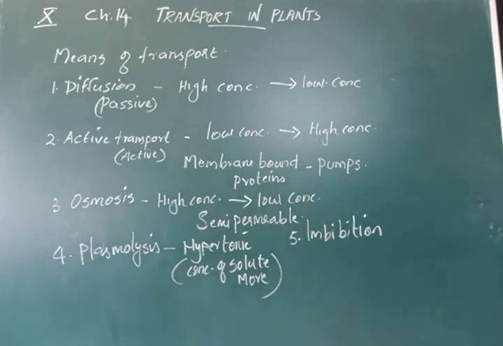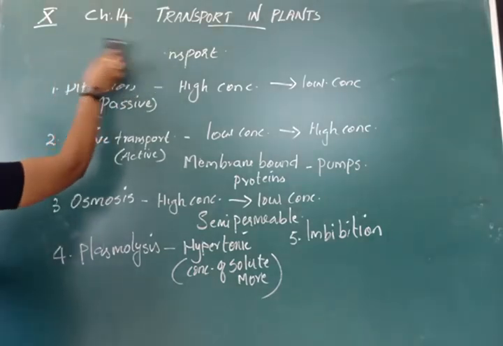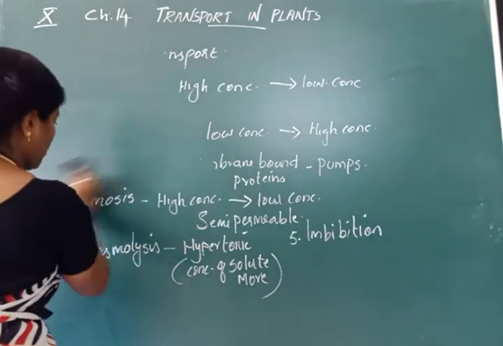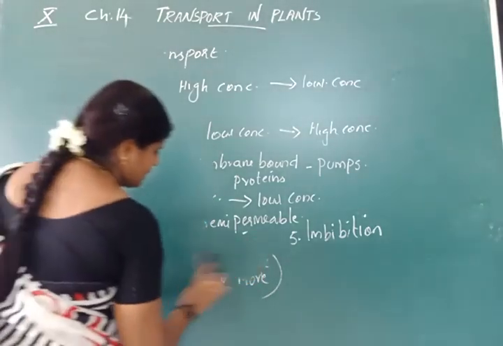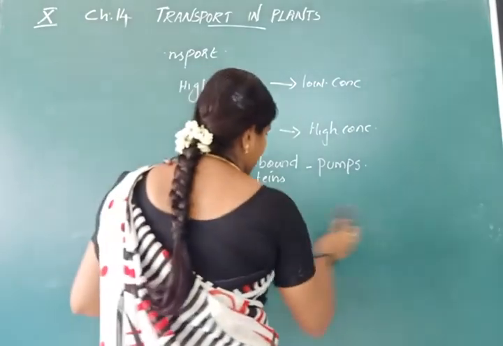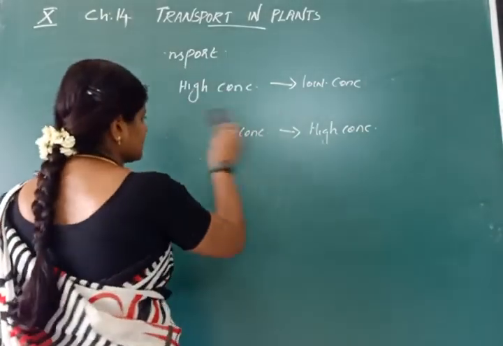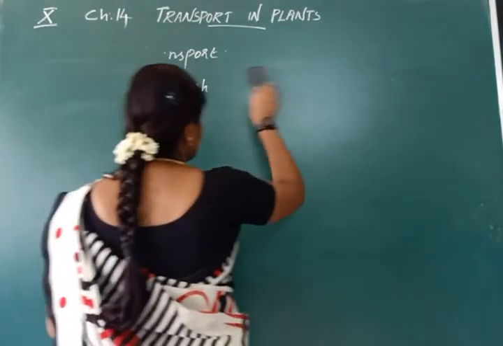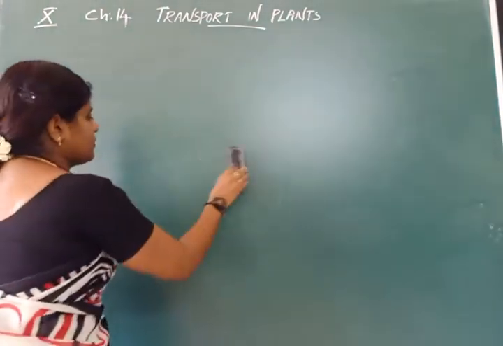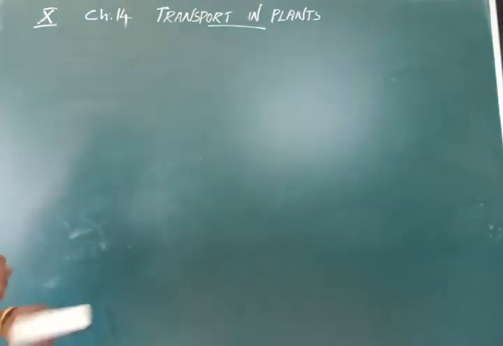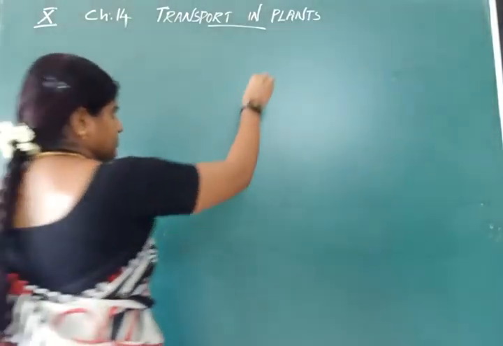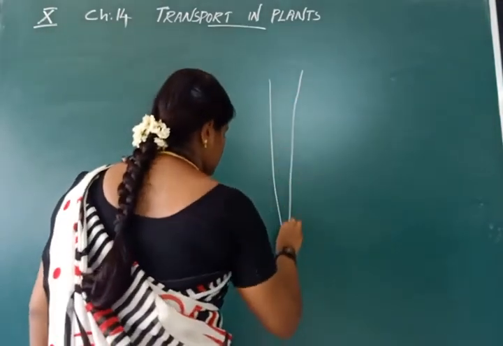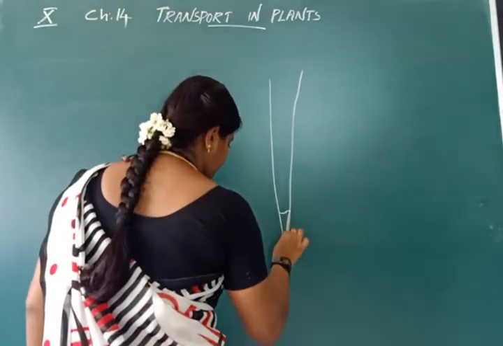Now we are moving to root hairs absorbing water. Root hairs absorb water, and from root hairs the water moves to the cortical cells. From cortical cells it moves to the xylem. Suppose this is the root hair.